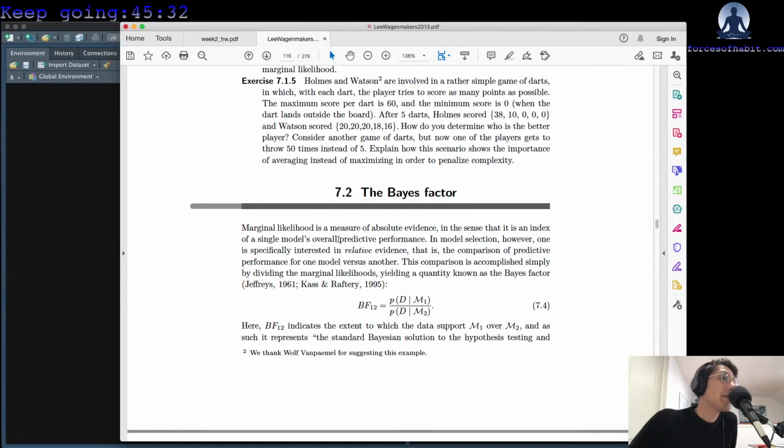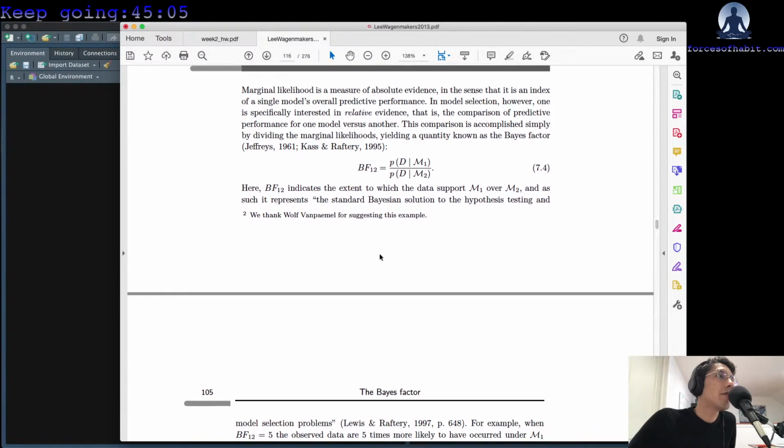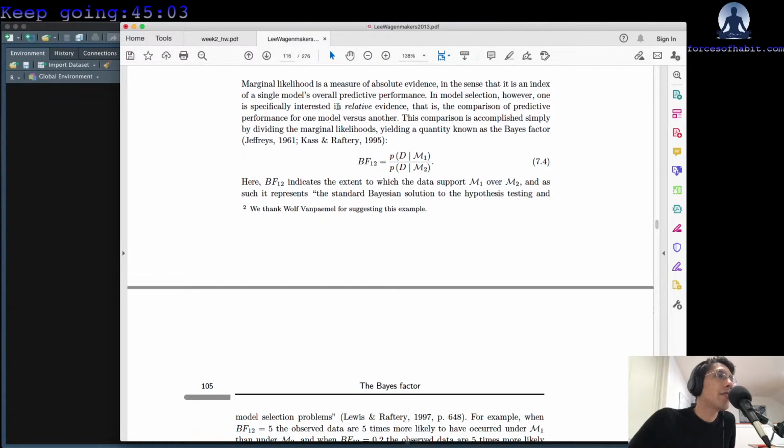And that brings us to the next point, which is going to be talking about Bayes factor. So Bayes factor is exactly what we were doing before. That's sort of ratio approximation across the two models, where it's the assessment of evidence with respect to another calculation of evidence.